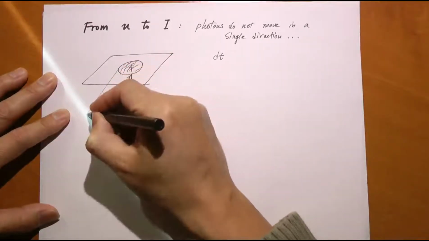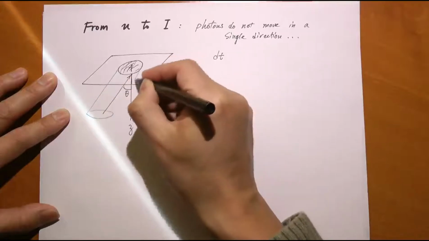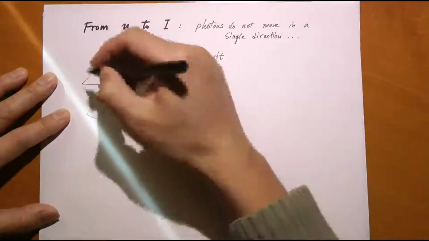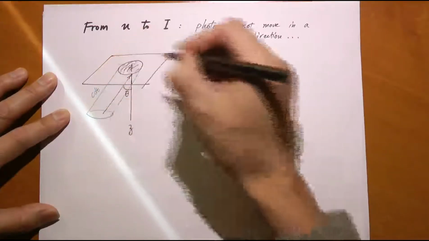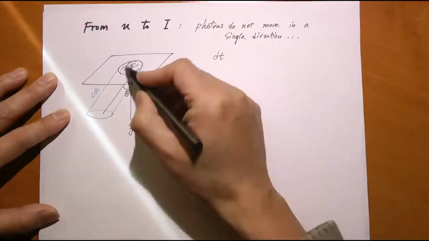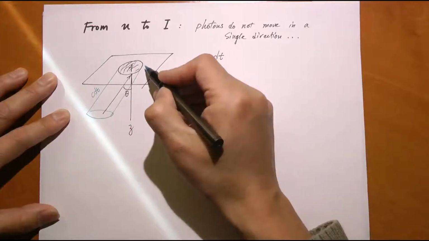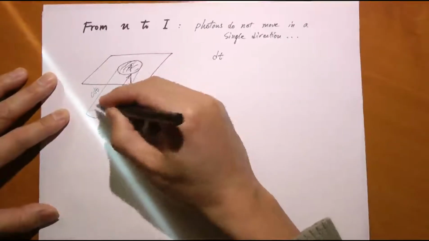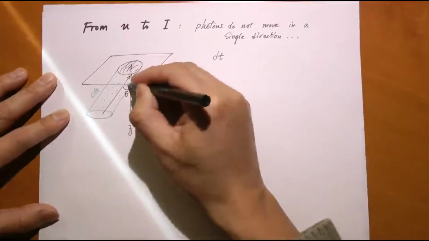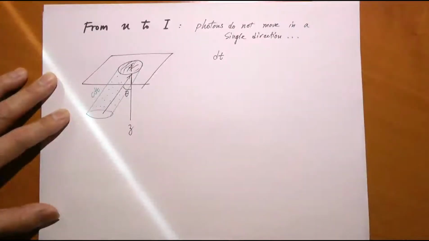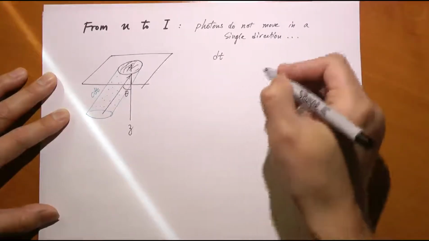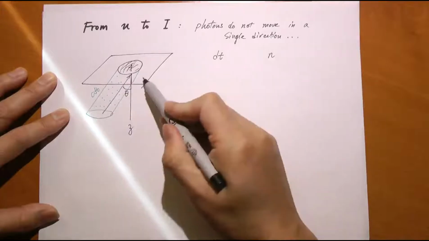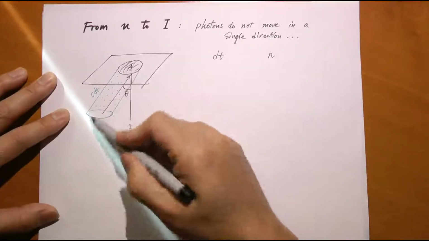They must all be within a certain cylindrical region, and this cylinder has a side length of c dt because the photons travel at speed c. It's got a bottom area of A. How many photons are there within this? If the number of photons per unit volume is n, small n, then if I take that n multiplied by the volume of this cylinder, I will get the total number of photons.